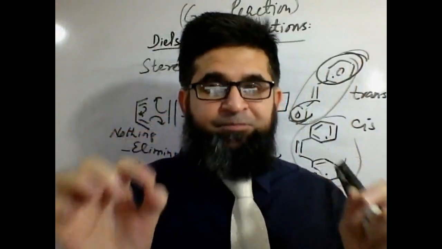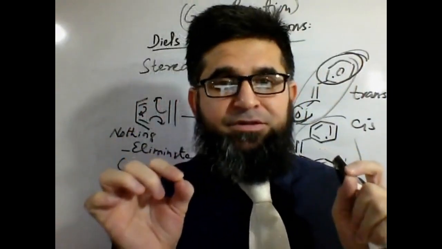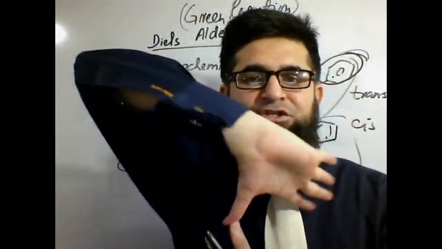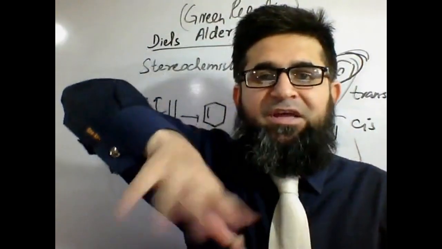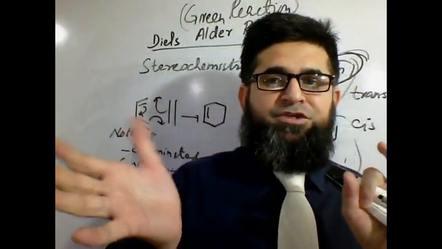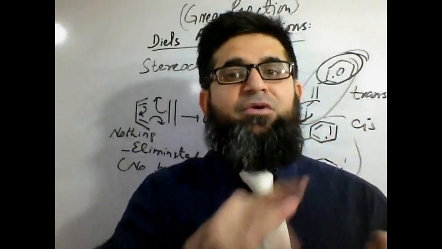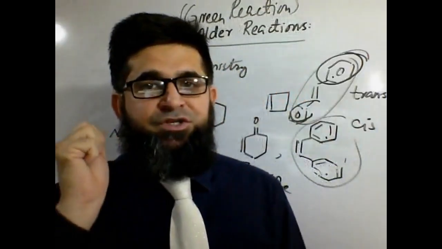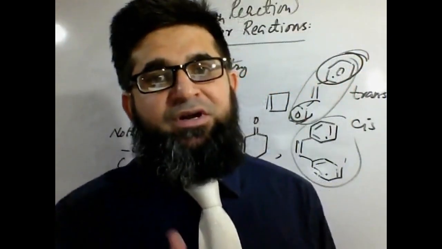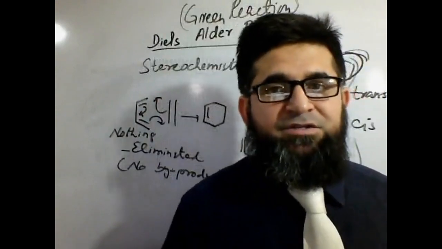Though they will remain on the same carbons, they will not go away. However, they can change their position, in space they can move from left to right. Whether they can or not, we will look into that. Whether they will move from cis to trans or trans to cis, and what will be the stereochemical influences of the substituents on the outcome of the Diels Alder reaction. That will be our next topic for discussion in the next lecture, inshallah.